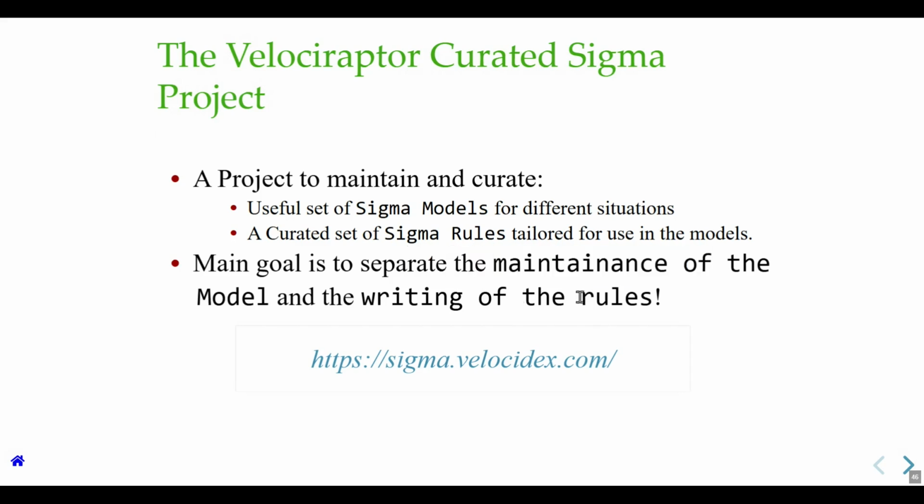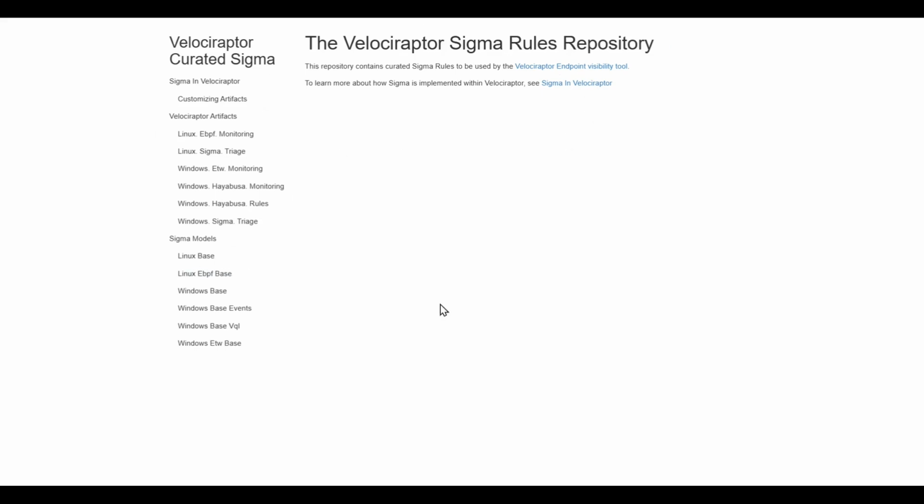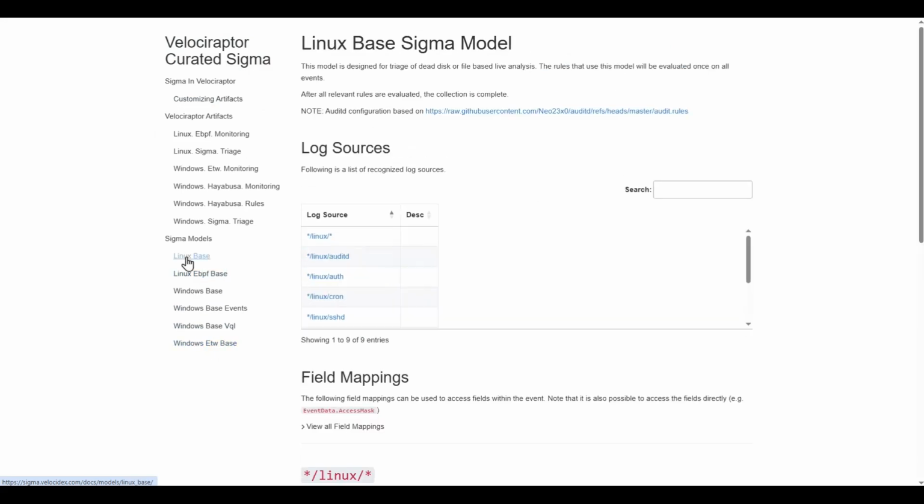We want to make writing rules really easy, so that you don't have to think about it. Maintaining the model is a little more complicated and requires understanding the architecture pretty well, so we try to outsource that and allow people to write rules. This is the Sigma repository, and we can have a look at it in a minute.